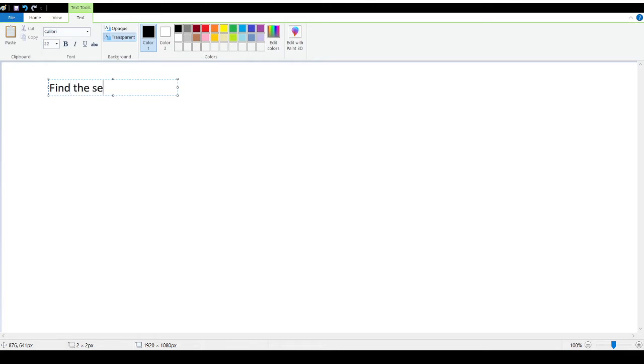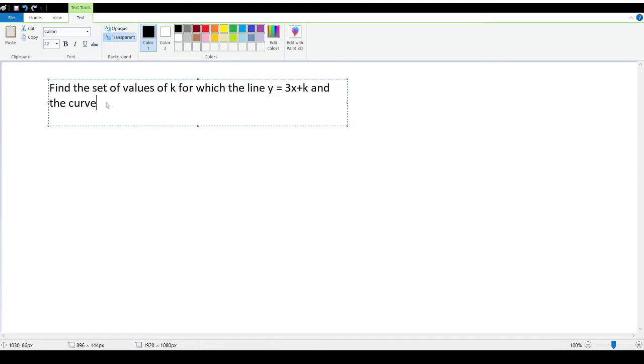Find the set of values of k for which the line y equals 3x plus k and the curve y equals 2x squared minus 3x plus 4 do not intersect. So there we go. There's the question.